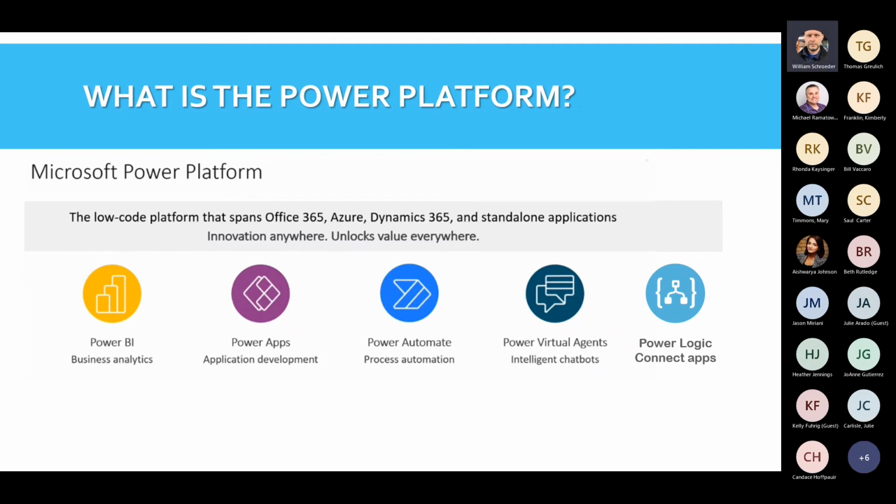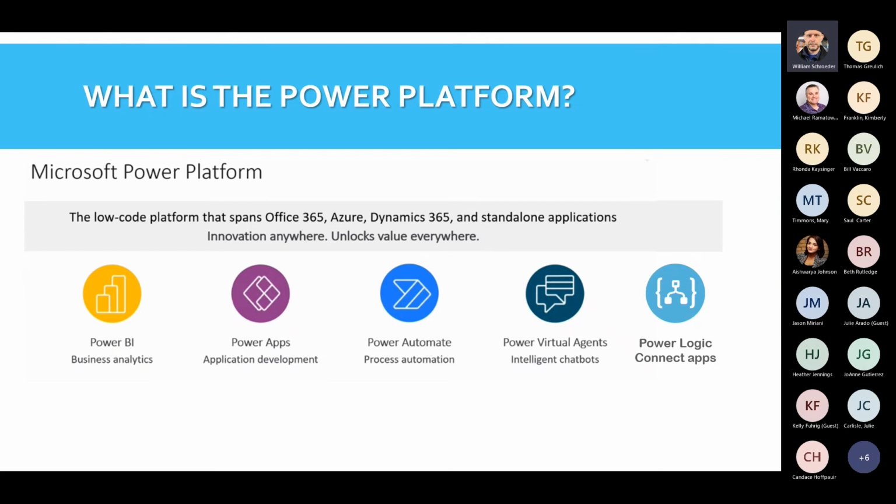This slide here is available online. You can go online right now and find the same exact slide. My objective is to help you understand what this all means, and how your teams can use the Power Platform and how it can fit into your business strategies. Left to right, Power BI is presentation, analytics, reporting, dashboarding.